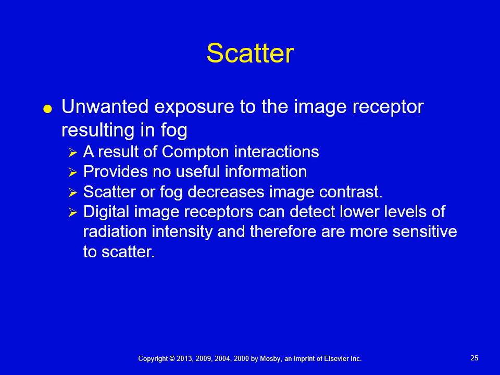When we talked about it earlier, think about when you're driving your car and it's foggy, it's difficult for you to see. The same thing with our images. If there's a lot of fog on the film, it makes it more difficult. It basically makes the contrast of the image worse. So scatter actually decreases image contrast for us.